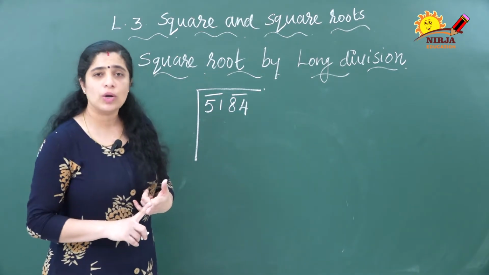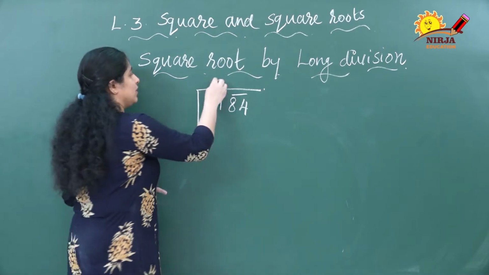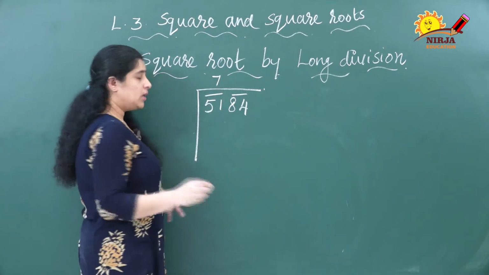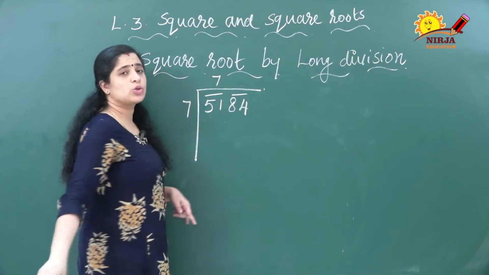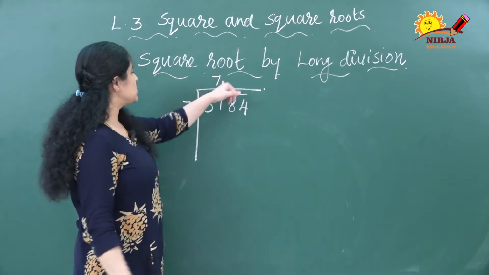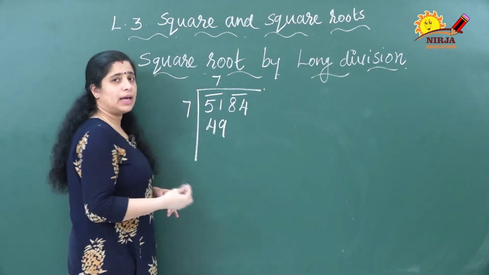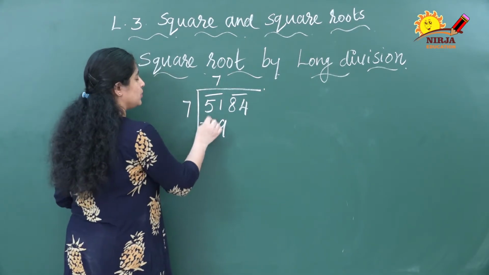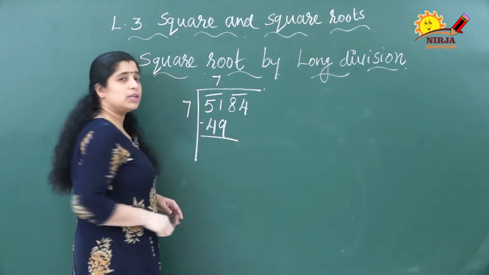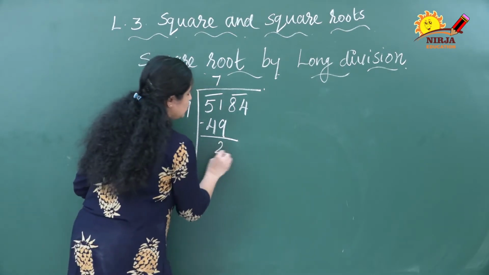So which is the square root of 49? Yes, 7. So I am keeping 7 here, here also. The divisor also should be 7 here. So 7 sevens are 49, and the same as in normal division you have to do the subtraction. 51 minus 49 you will get 2.